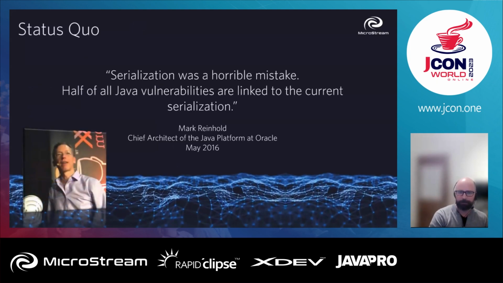But there's a drawback. Mark Reinhold, the chief architect of the Java platform, once said that serialization was a horrible mistake, and most of the vulnerabilities are actually linked to the current serialization implementation in the JVM, and due to backward compatibility issues, they just cannot remove it or update it in a way that makes it bulletproof.